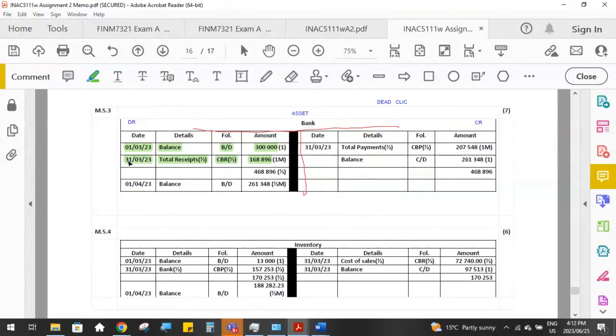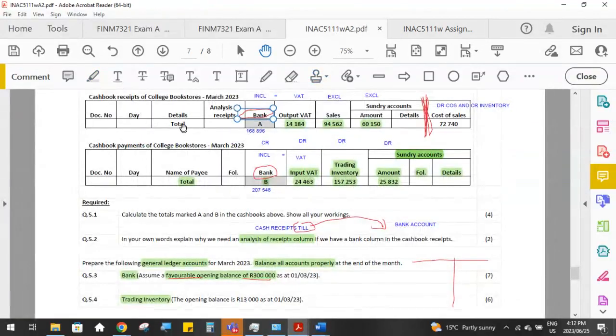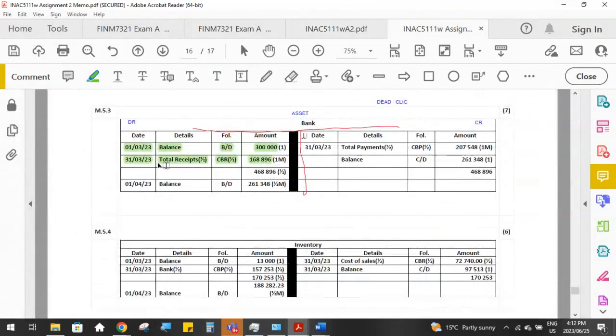So that must go on the left-hand side, on the debit side, because that is increasing bank. Date, the last day of the month. Details, total receipts, which is what we always use when we are posting the totals from our cash book receipts. Under bank, I just put the word total.